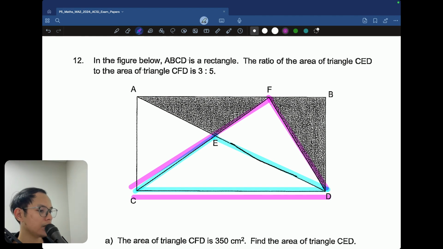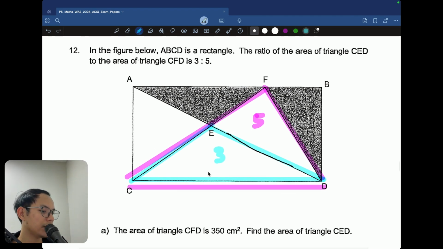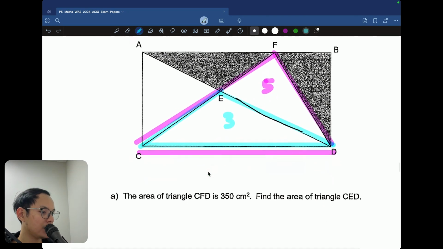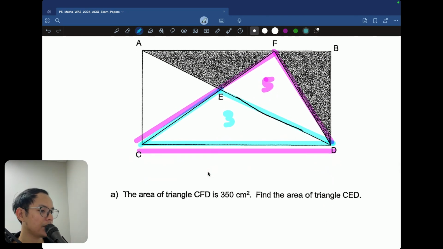So CFD over here has 5, while CED has 3. Let me have a different color. The area of the triangle CFD is 350. Find the area of CED.